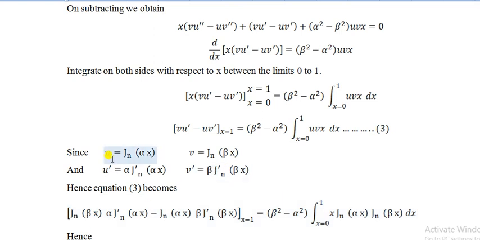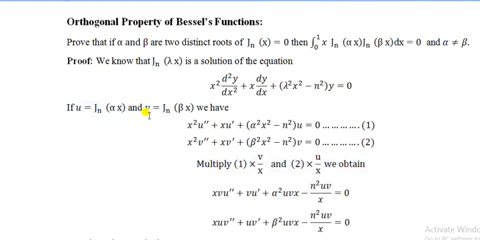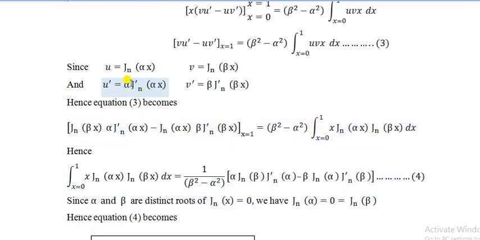Since u is equal to Jn(alpha x) and v is equal to Jn(beta x), when differentiating u and v, u' is J'n(alpha x) times the derivative of alpha x with respect to x, which is alpha. Similarly, v' is J'n(beta x) times beta.